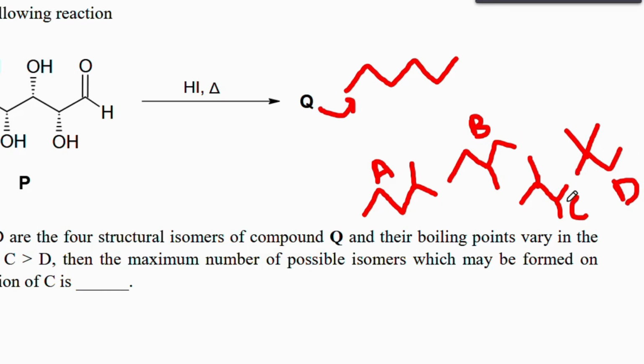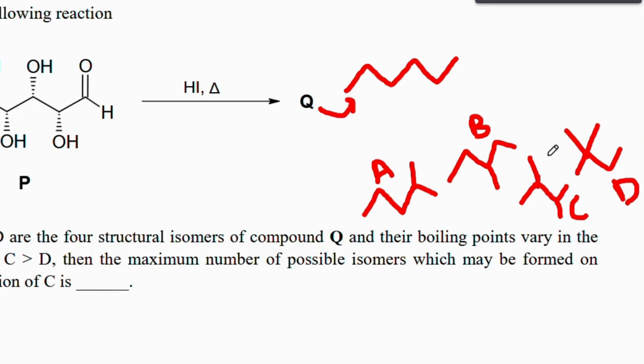Now, we have to compare between C and D to get the isomer that is in third position, because that is the isomer that we are talking about in this question further. So, when we compare between C and D, we observe that in case of D, the branching is a bit more as compared to C. That is, there are two methyl groups on the same carbon atom, and therefore the surface area reduces by just a fraction more.